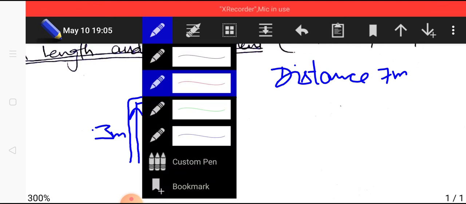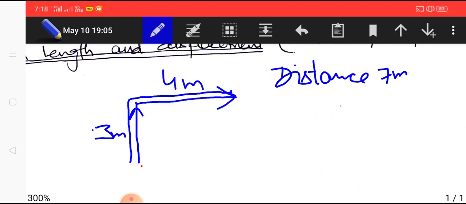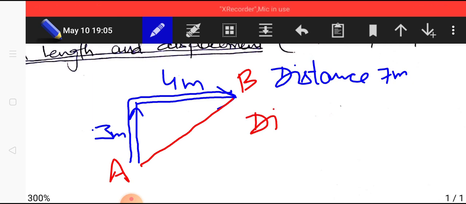But what is displacement? Displacement is the shortest straight line path between its initial and final position. That is what is known as displacement.